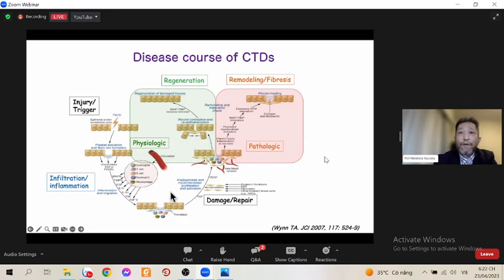Then inflammation induces damage and repair. If wound healing is physiologic, it goes to regeneration, but if it goes pathologic, remodeling and fibrosis occur. Connective tissue disease goes this way and accumulates remodeling and fibrosis, which results in organ damage and poor prognosis.